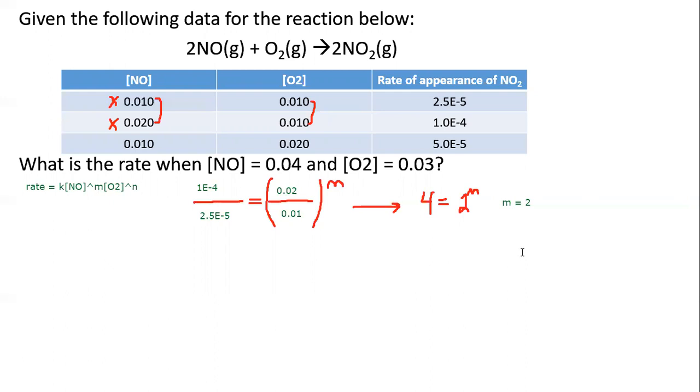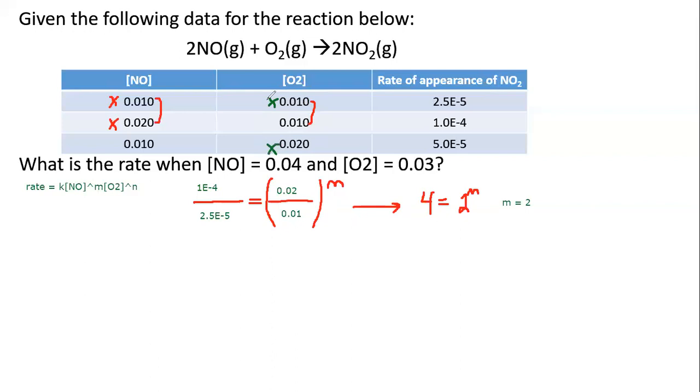Now we're going to do the exact same thing, but with oxygen. So if we can, we want to pick 2 experiments where oxygen changes and nitrogen monoxide is constant. You don't have to do it this way, but it's better because it simplifies the math. So I'm going to pick experiment 1 and experiment 3.